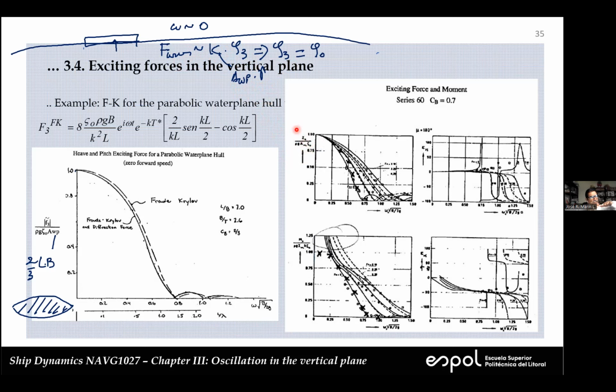So for very, very long waves, the ship doesn't move relative to the wave. Basically, for very long waves, what the ship does is go up and down with the wave. The maximum value that it takes corresponds to the wave amplitude, plus amplitude of the wave, minus amplitude of the wave, in the other direction.